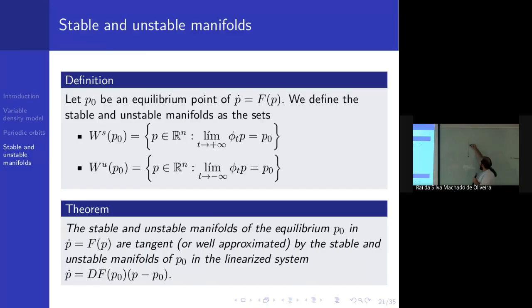So you have one trajectory like that, the orbits go away like so, another trajectory like that. Sorry. Like so. So this is the local behavior of an equilibrium point. Orbits nearby this point do something like that, right?